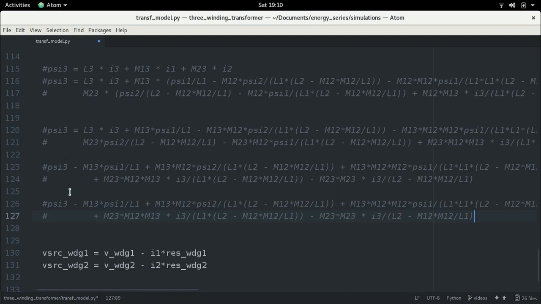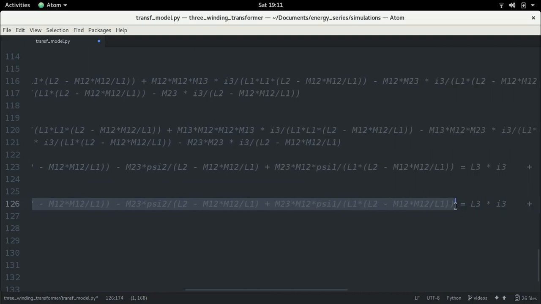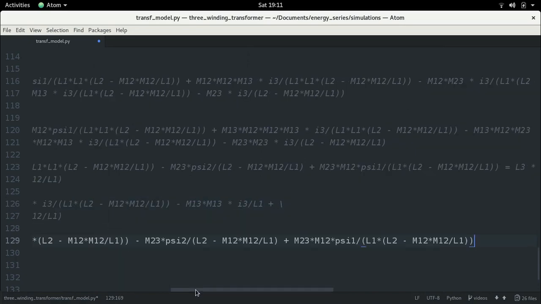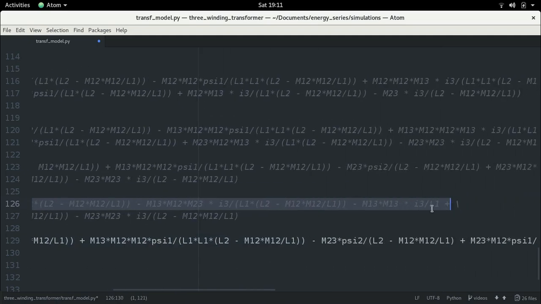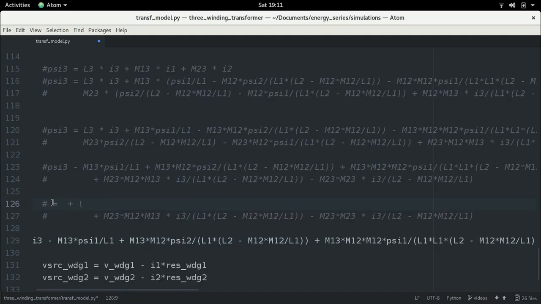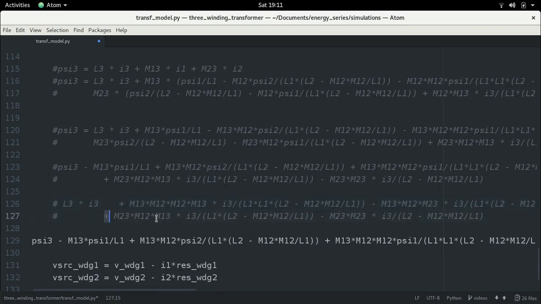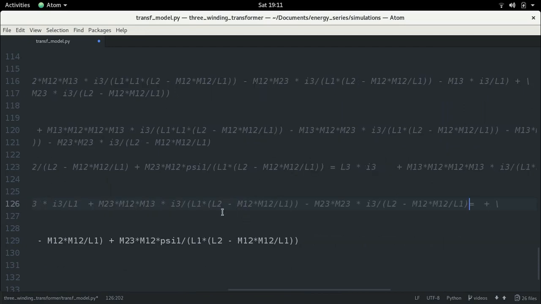That is, we're just going to take the left hand side and right hand side terms separately. So I'm just going to take all this, cut it out, just paste it here for a minute, and what we need to do is take all these terms and put them on this side. So all I'm going to do is put it on the left hand side, cut it out, paste it here, and cut these out as well, and paste it here.